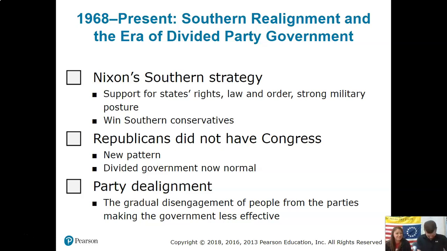It's the gradual disengagement of people from the parties, making the government less effective. And that's what we're kind of seeing now. People are becoming fed up with the whole situation and taking a step back. Because of less participation in general, the government's going to become less effective. Although, when an election year comes up, people seem to care.